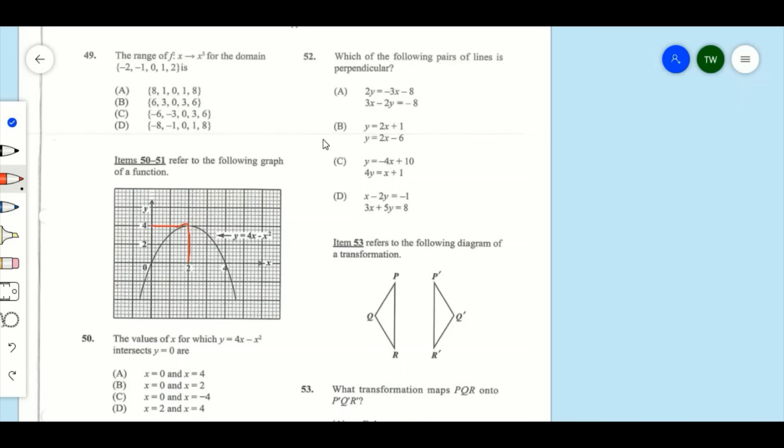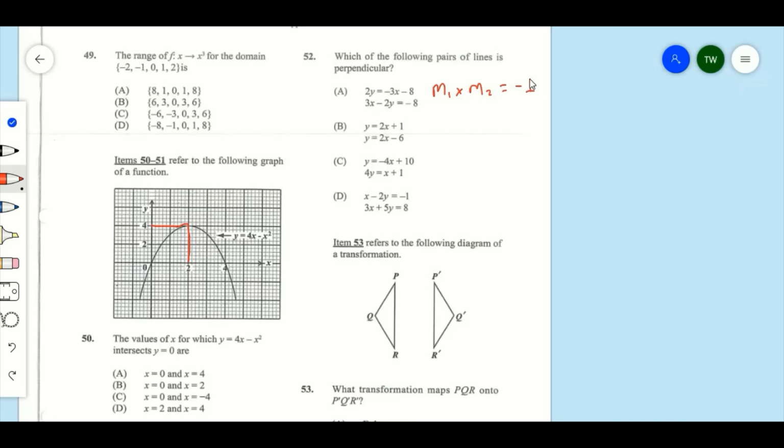Item 52. Which of the following pairs of lines are perpendicular? Now, one fact that you should always remember about perpendicular lines: the product of their gradients is equal to -1. So therefore, M1, which is gradient 1, multiplied by gradient 2 is equal to -1.